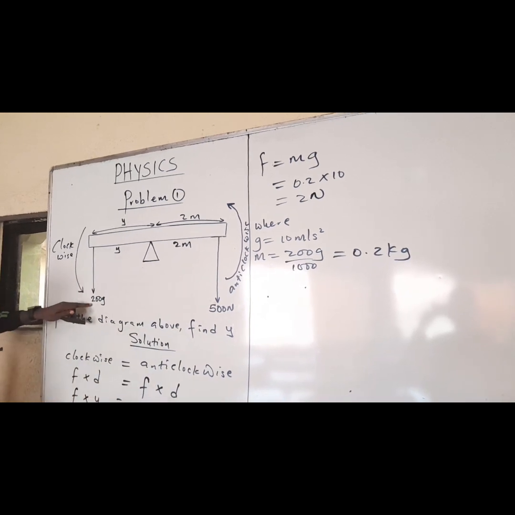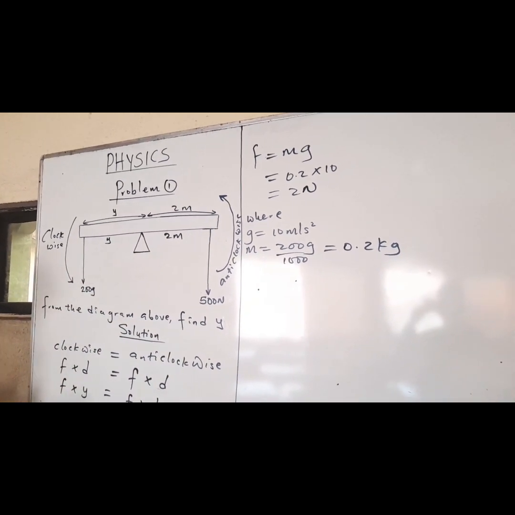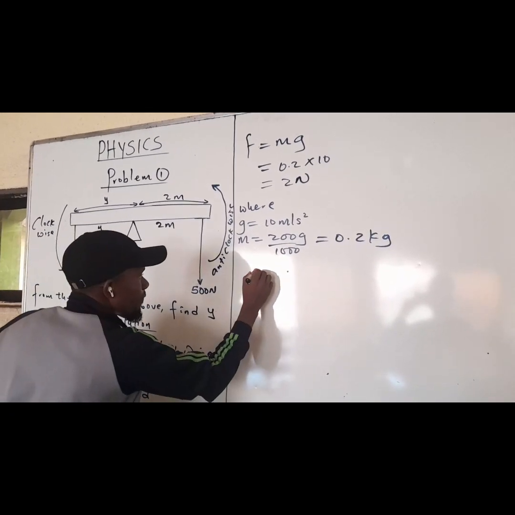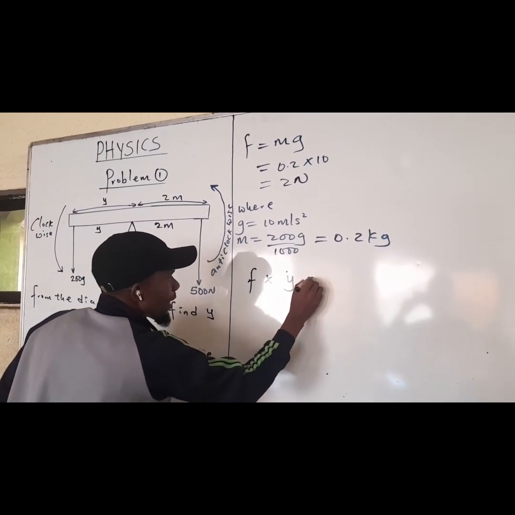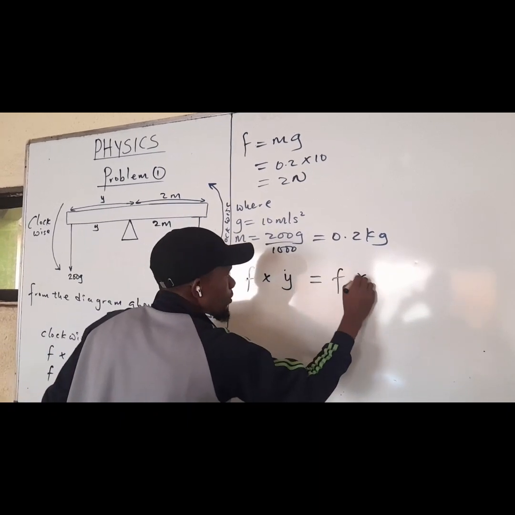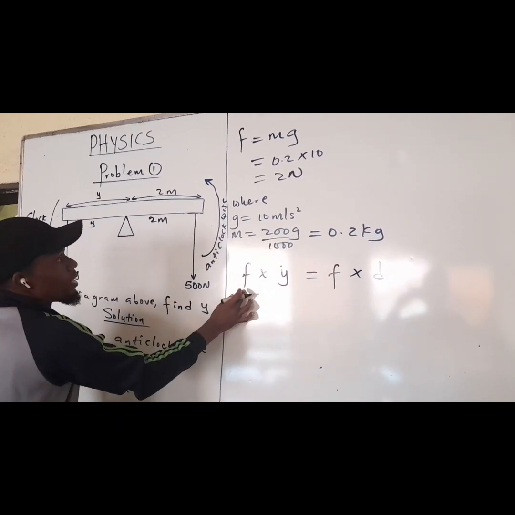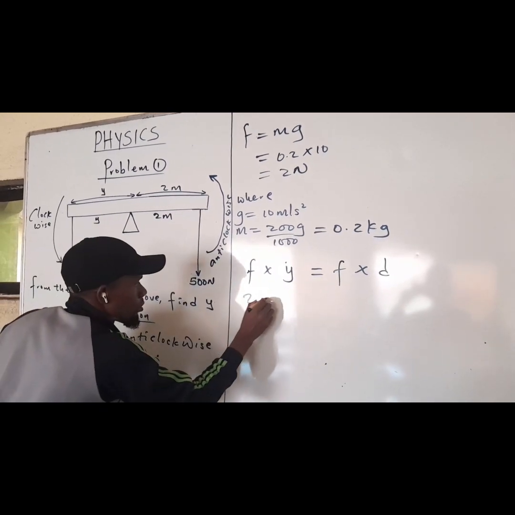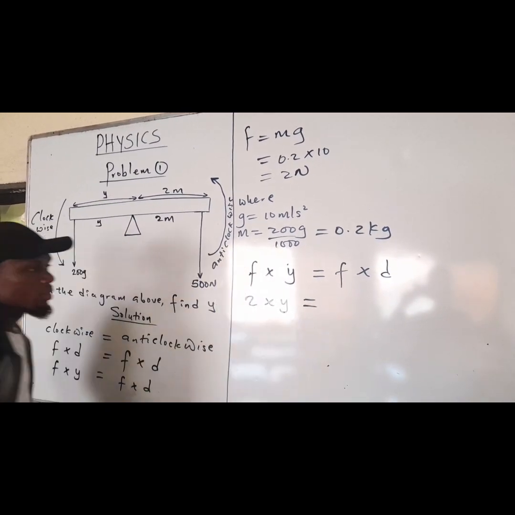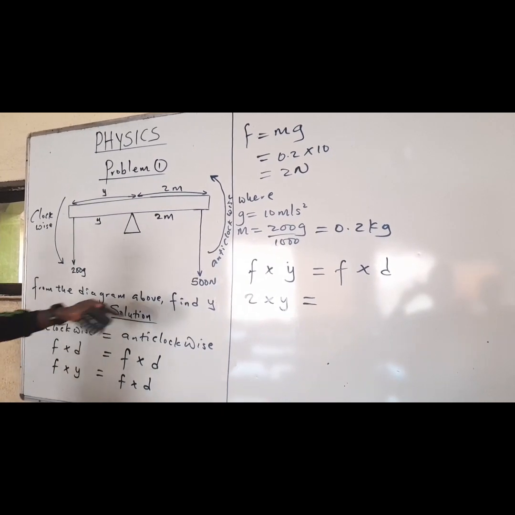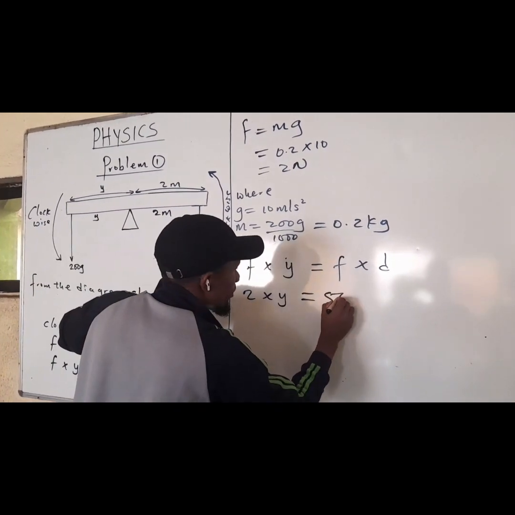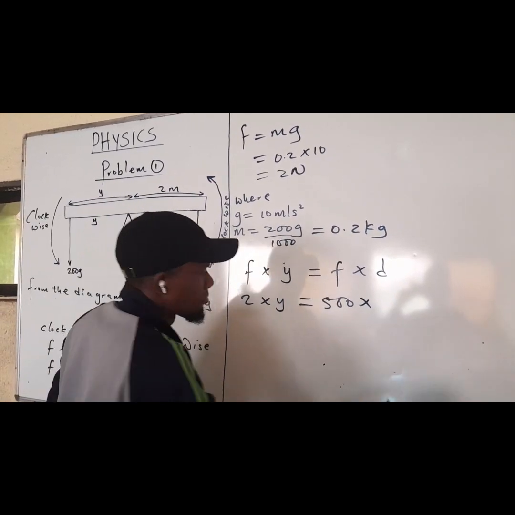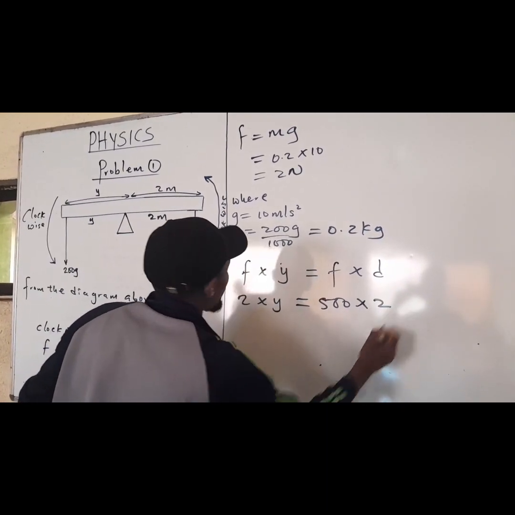So this force here is 2 Newton. I can apply my principle of moment, which is force times Y is equal to force times distance. My force here is 2 Newton, which is 2 times my Y, is equal to, my force here is 500 times my distance, which is 2.